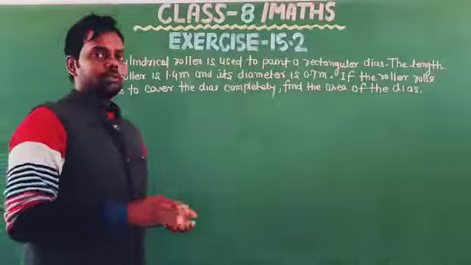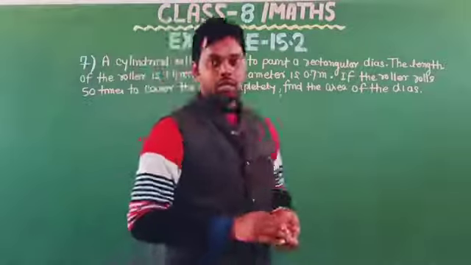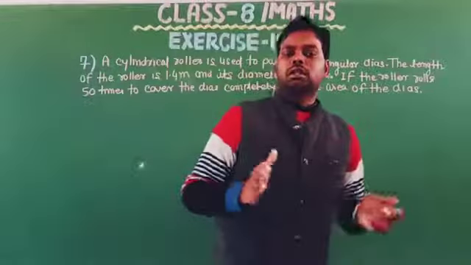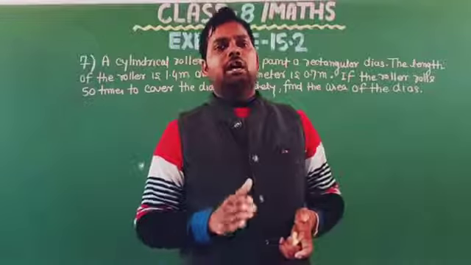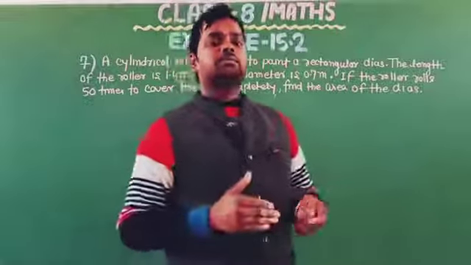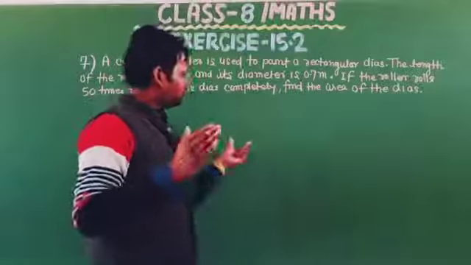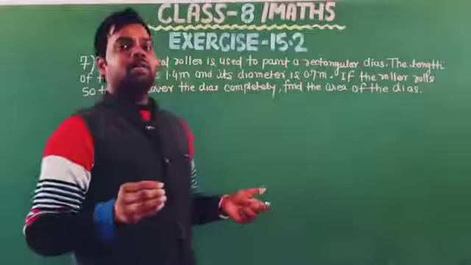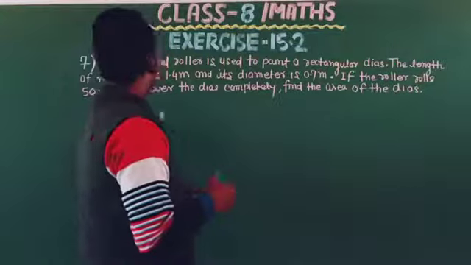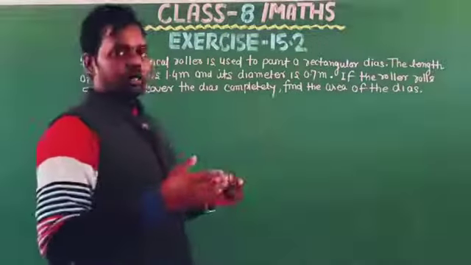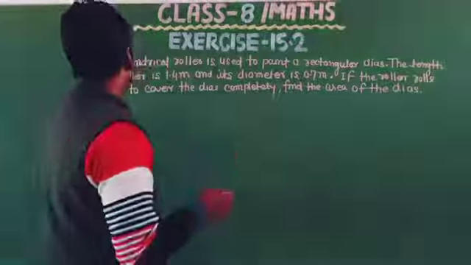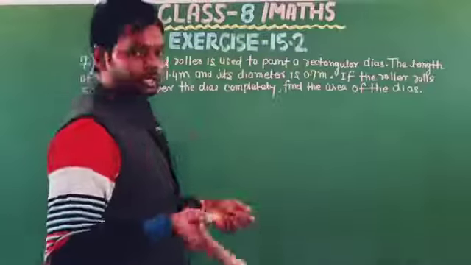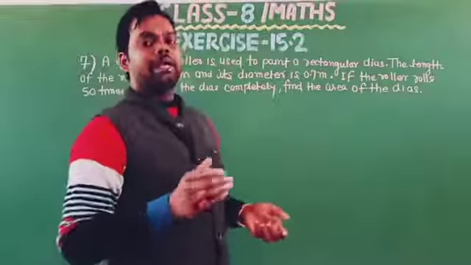So first we have to find the curved surface area of the roller, and after that multiply the curved surface area of the roller by 50, because the roller rolls 50 times, to find the total area of the dash.